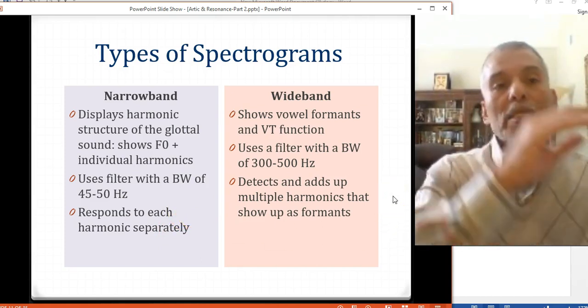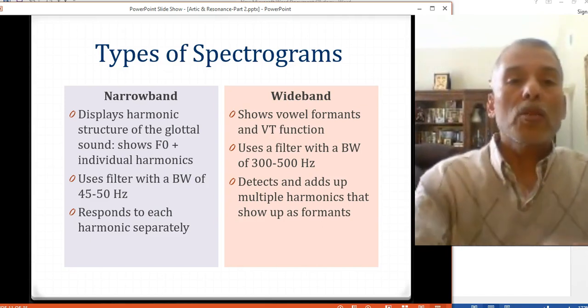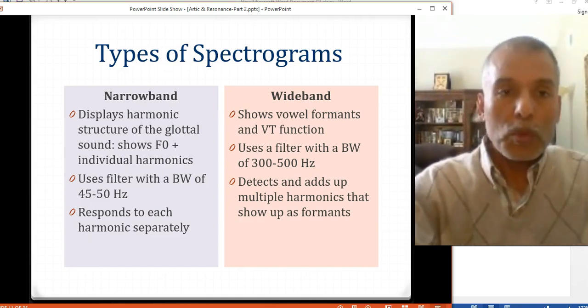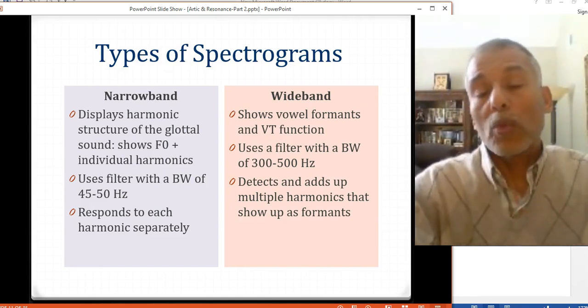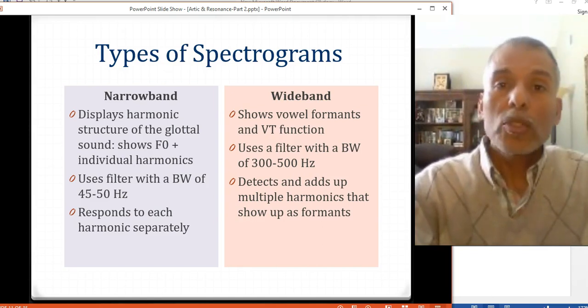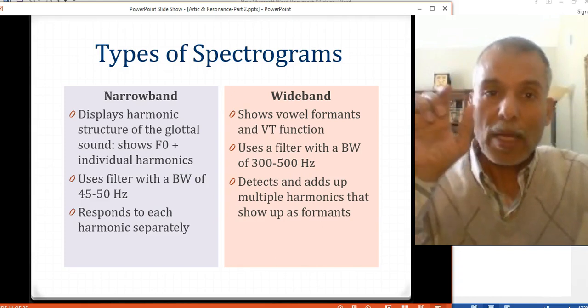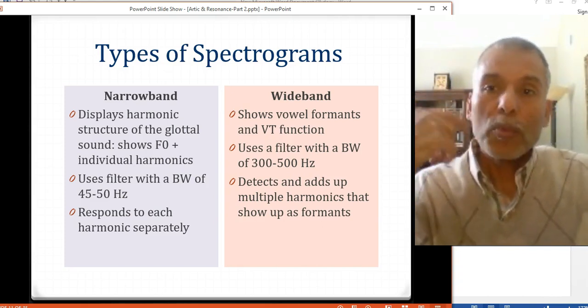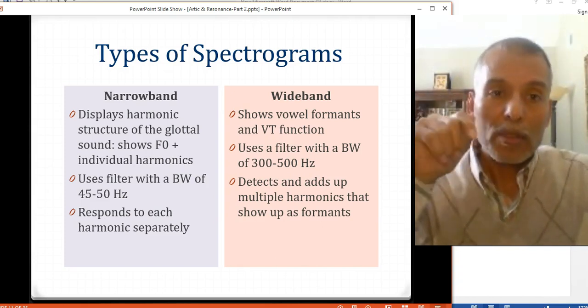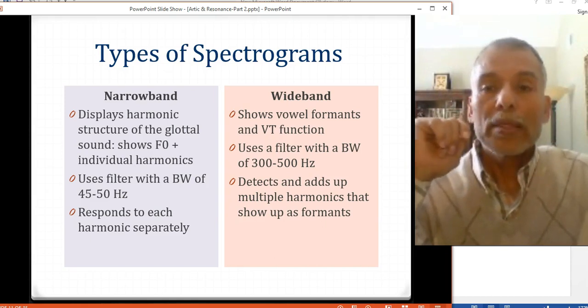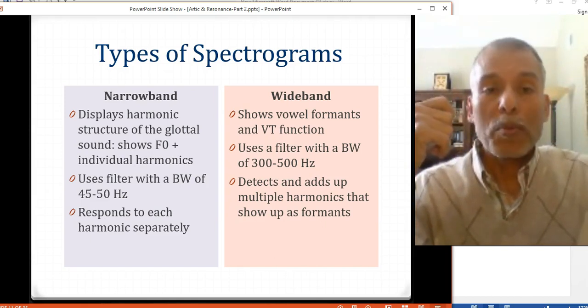In speech science, there are two kinds of spectrograms that are used. One is called narrowband and one is called wideband. And we know from the names that narrowband is very specific. It doesn't respond to many sounds that are transmitted through it. And it is used for specific purposes.